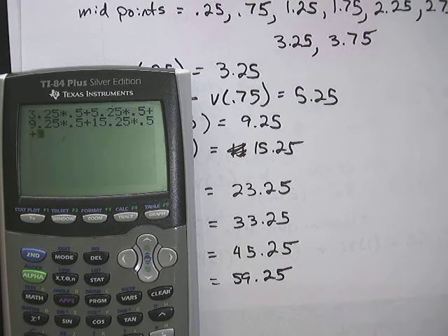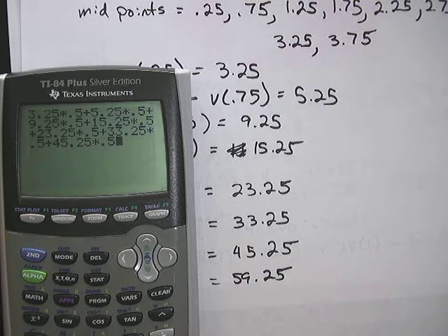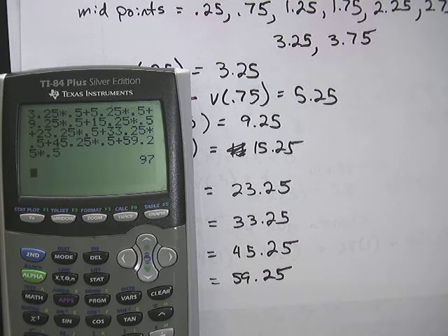Let's see, where was I? 23.25 times 0.5. So you do all that, you multiply each one of those by 0.5 and add them all up. And you could also, like I said, just add them all up and multiply by 0.5 at the end. You'll still get the same answer.